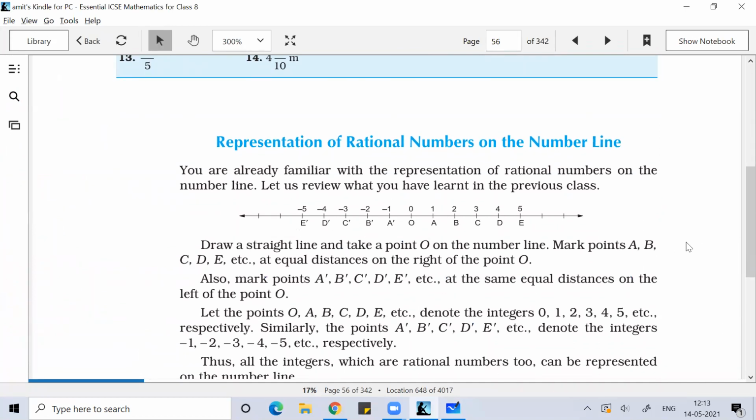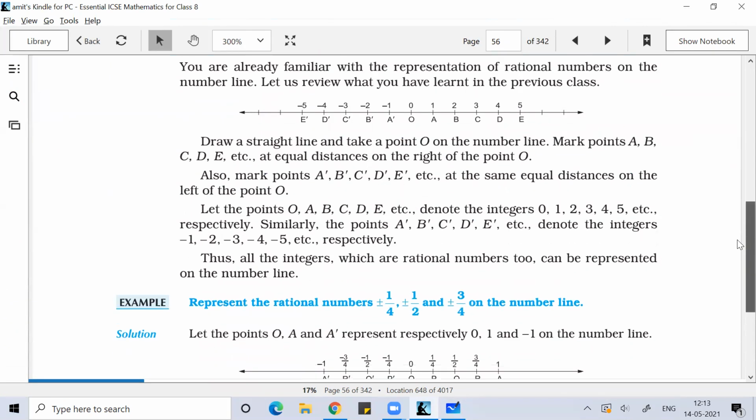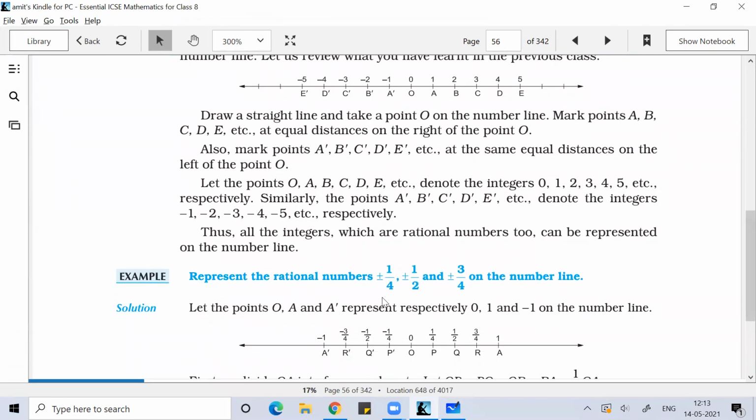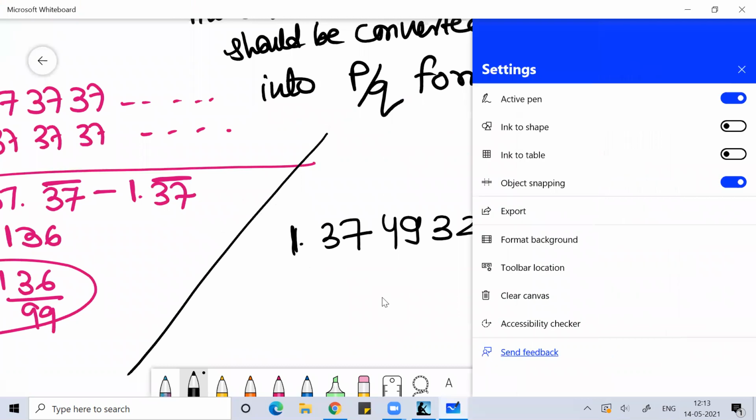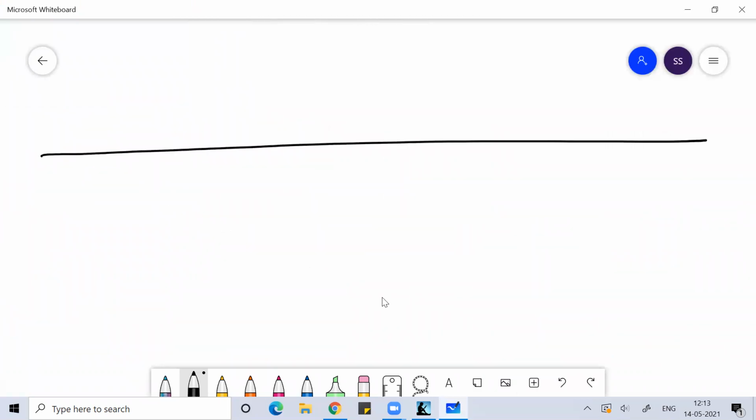Suppose I say represent plus minus 1 by 4, plus minus 1 by 2, plus minus 3 by 4 on a number line. Imagine if I'm asking you. First you have to draw a number line. So you draw a number line. So 0. Sir, I've done this in my book, sir, that whole exercise.